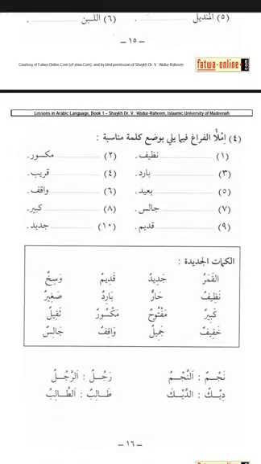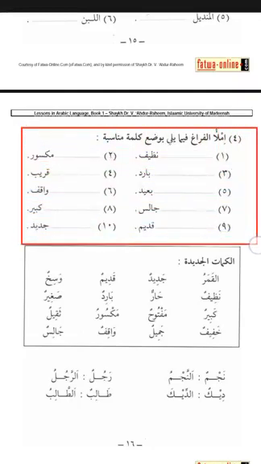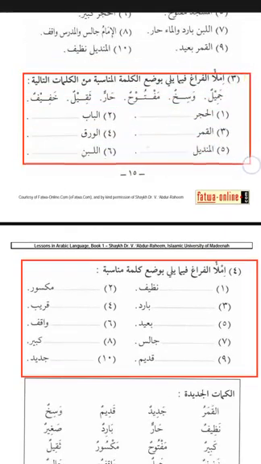So the next one is املأ الفراغ فيما يلي. Fill in the following gaps بوضع كلمة مناسبة, by putting the most appropriate words, where we are not given options, so we have to choose from what we have learnt earlier. For the one above, we were given the mubtada to fill with the khabar.